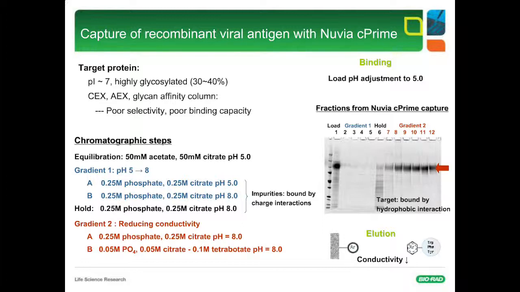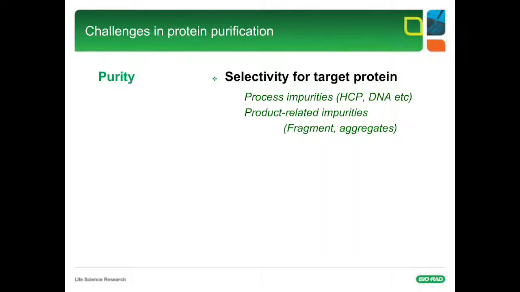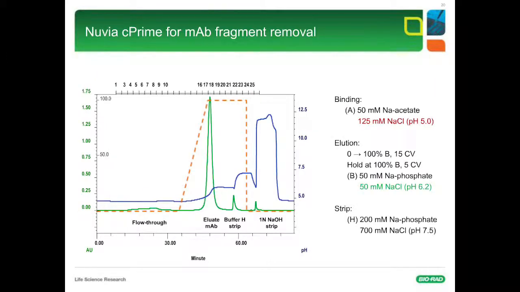Now, I want to talk a little bit about product-related impurity removal. Namely, they are the fragments from degradation of the target and also from the aggregation of target molecules. The first case is about the removal of a monoclonal antibody fragment on NuVH-C prime. We found that the most important parameter is the binding pH.